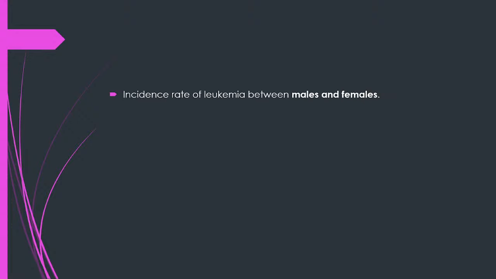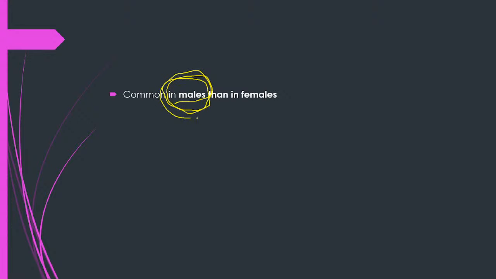So majority of the students they answered male. Now, the answer is actually female. Male, sorry. Sorry. Males. Sorry, I was the one who made the mistake. The answer is males. All right. Now, what's the reason? How do we remember this? Solid tumors is actually very common in female. All right.